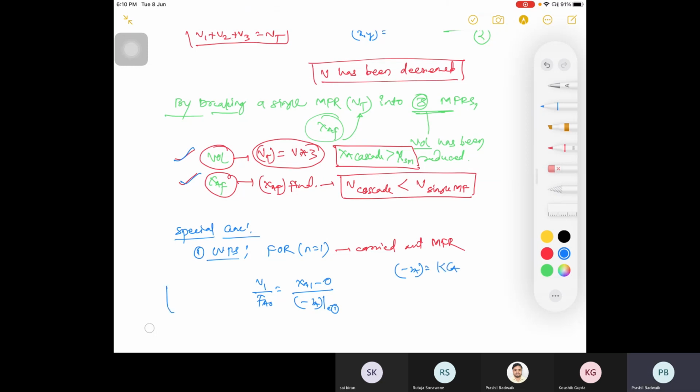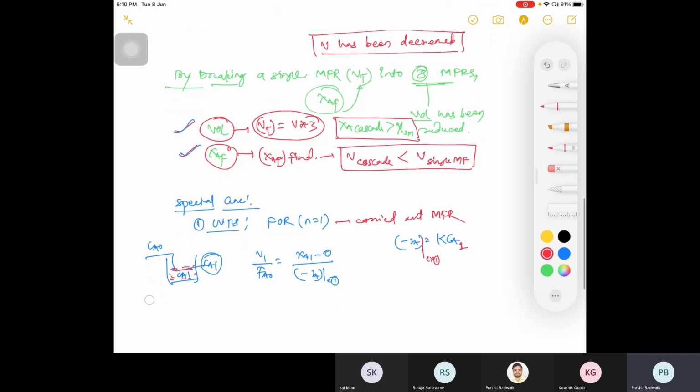This is your reactor, Ca naught is entering, Ca1 is coming out, so Ca1 is the concentration inside, right? So you will have minus RA at exit of 1 as K Ca1. Okay, so I'll write here XA1 divided by K Ca1 is equal to V1 divided by Fa naught.